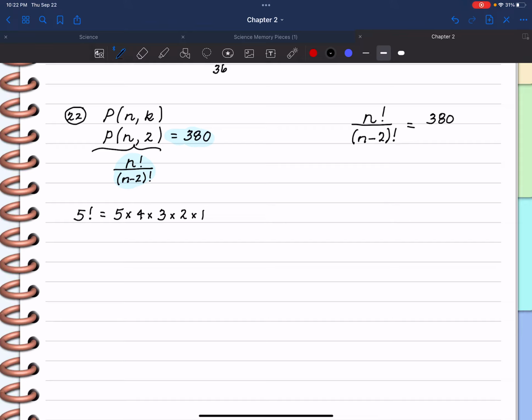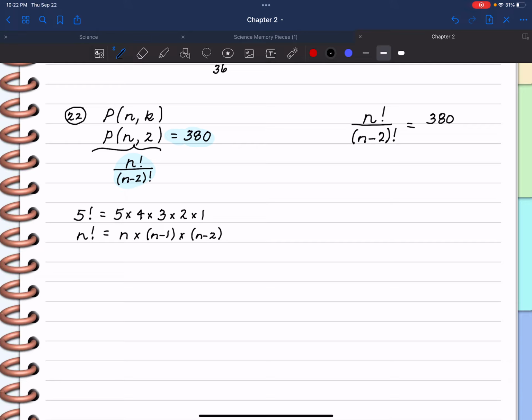Each of these numbers is 1 less than the number in front of it. And the same is true here. N factorial is just going to be n times n minus 1, 1 less, times n minus 2, and so on. It could go on as long as you needed it to. That's what n factorial literally means.